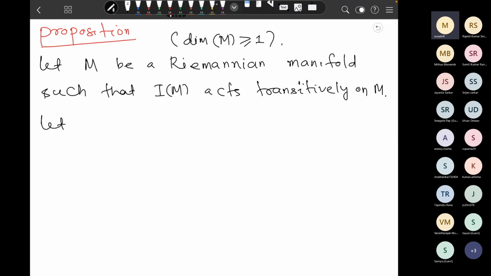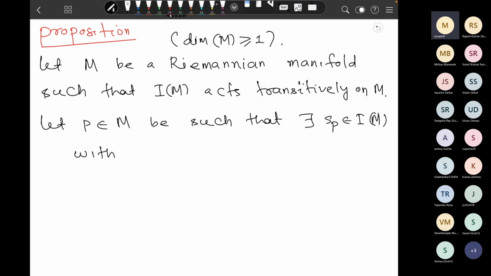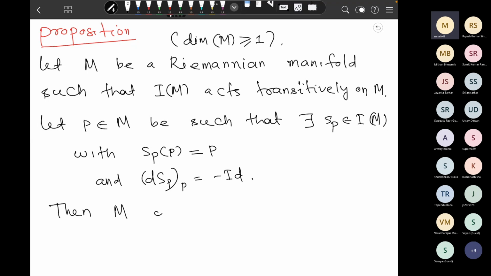And let p belong to M so that there exists an isometry S_p in Im(M) with S_p(p) equal to p and dS_p at p equal to minus identity. It says that if there exists a geodesic inversion at the point p, then M is a Riemannian symmetric space.